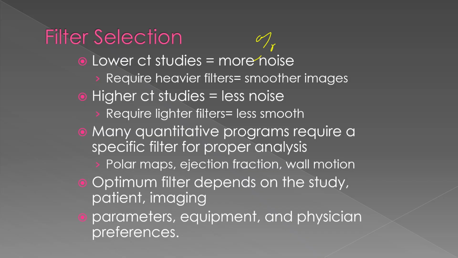So if you have low count studies, noise becomes more prominent and a greater percentage of your count density. This requires heavier filters to smooth that out and get rid of the noise. If you have high count studies, the noise becomes much less noticeable. It's a lower percentage of the image, and so you can use lighter filters and still get good quality.